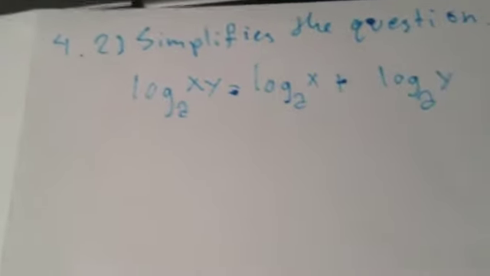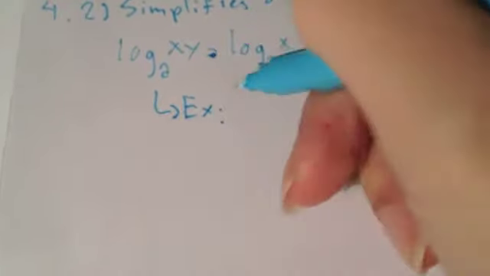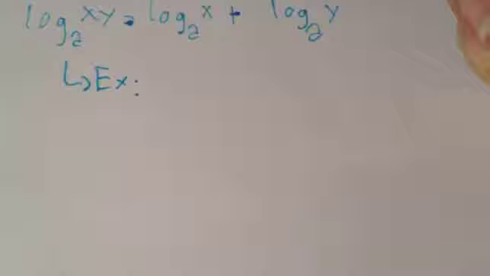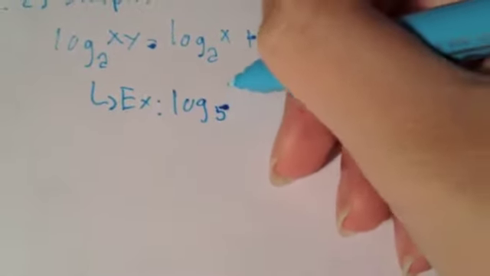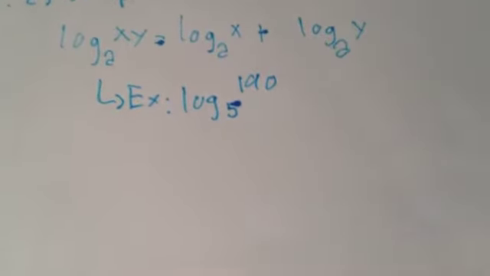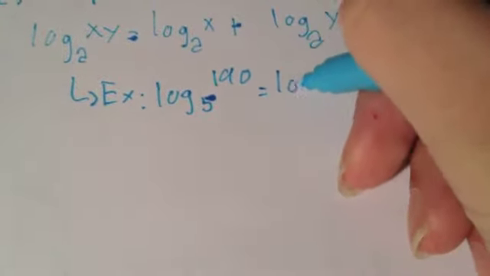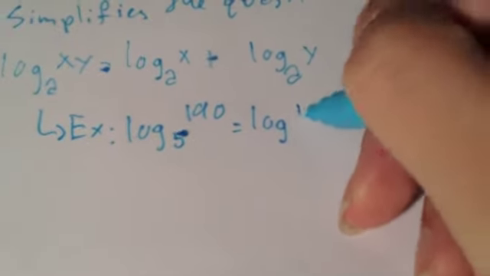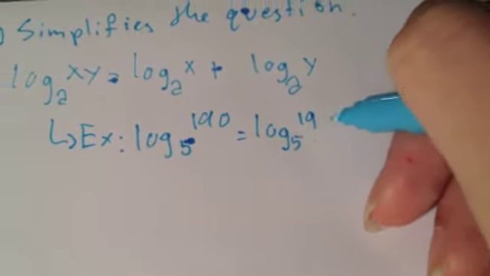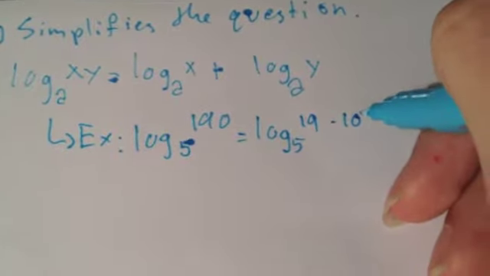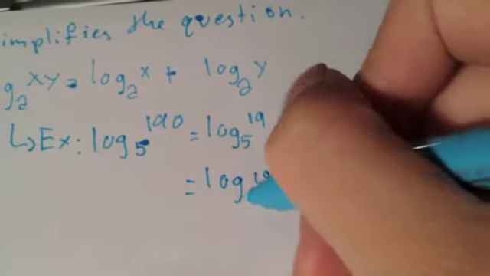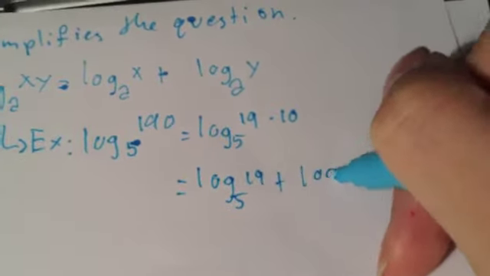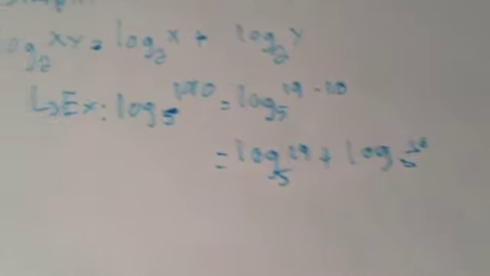Got it? No, for sure. So, for example, log 190 in base 5 is equal to log 19 times 10 in base 5, and that's gonna equal to log 19 in base 5 plus log 10 in base 5.